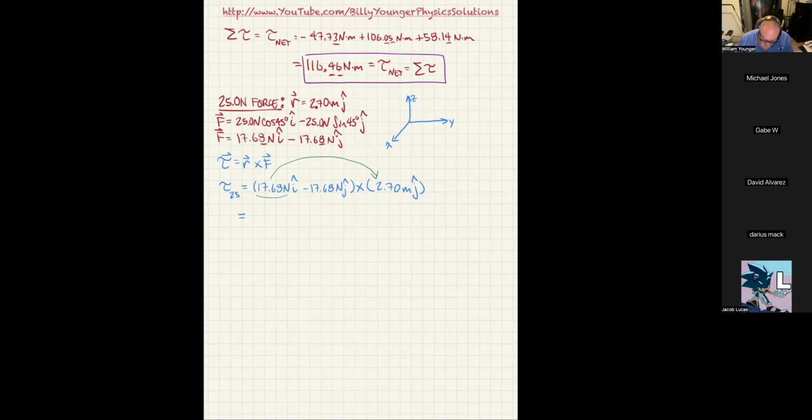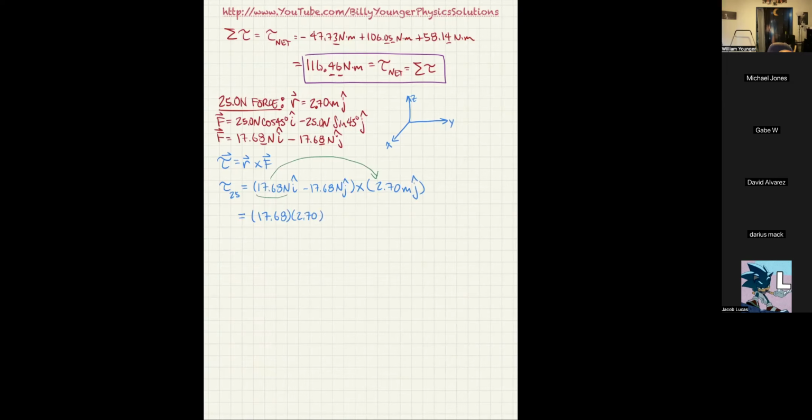So what I'm going to do is take 17.68. I'm going to drop the units, by the way, here too, just because it's becoming cumbersome to write all that stuff and confusing. So I'm going to take the 17.68 and multiply that by the 2.70.